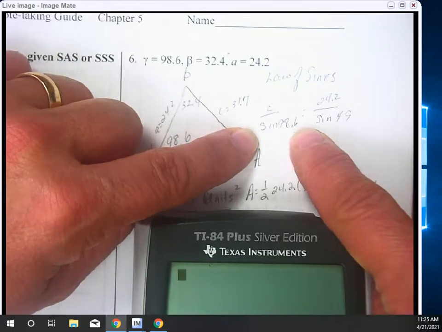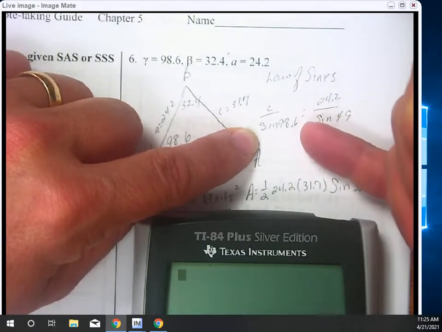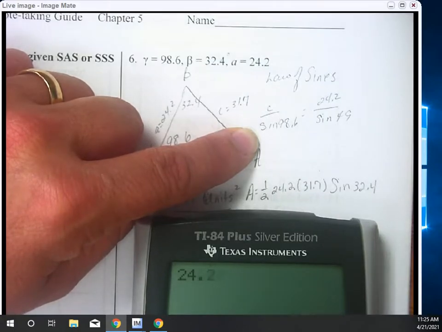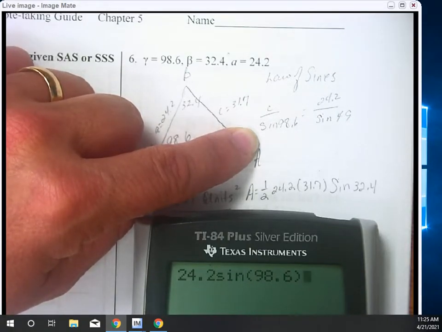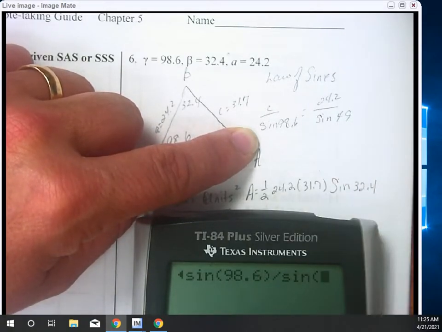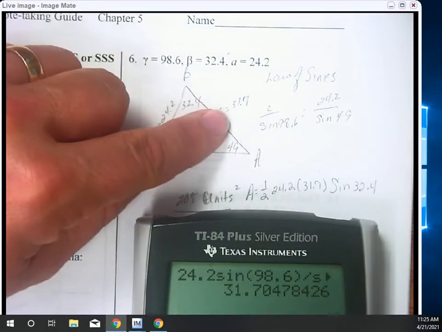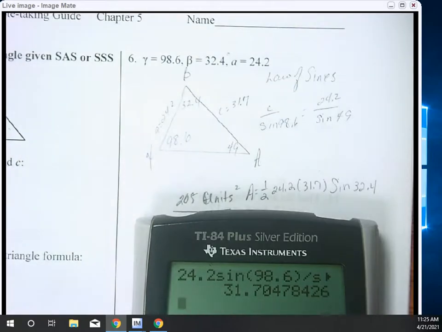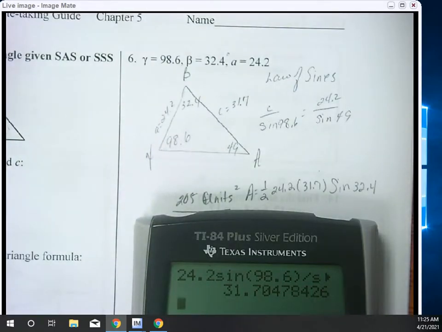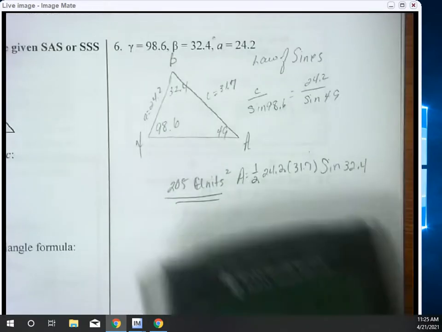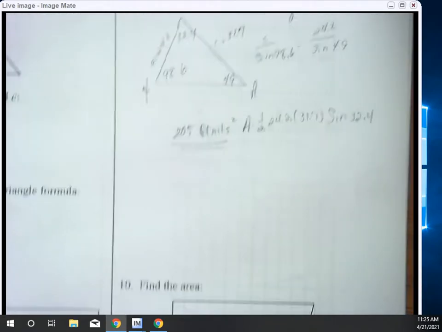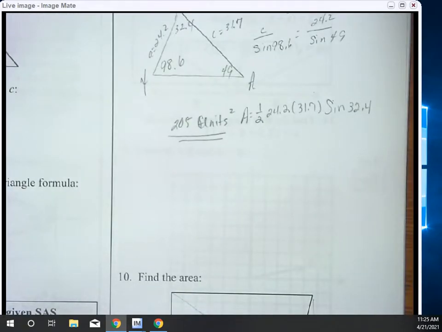If you don't close your parentheses, it will give you the wrong answer. 24.2 times the sine of 98.6, close my parenthesis, divided by the sine of 49. And that gave me the 31.7. Okay, so you can do it either way. Any other questions before we move on?